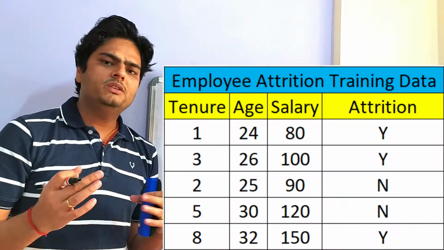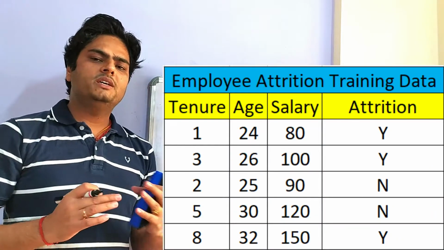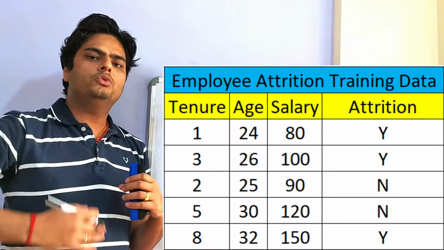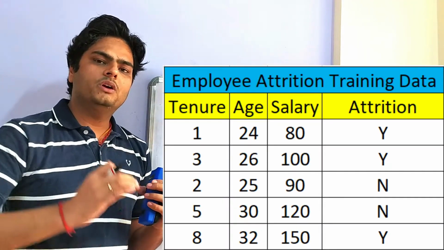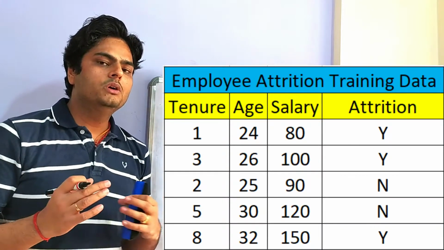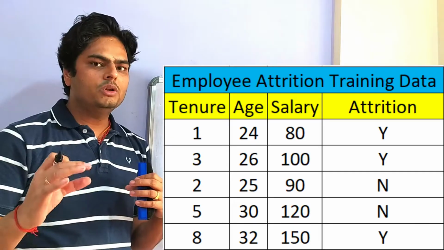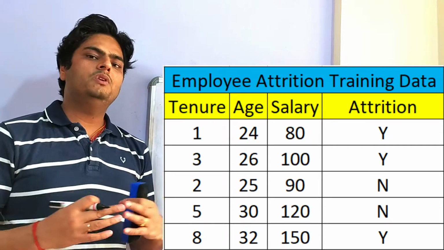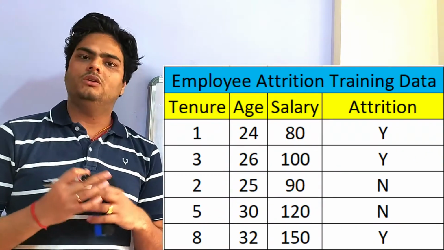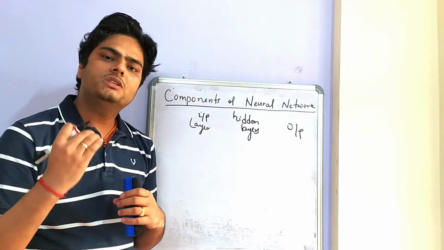Let us say HR has given you this data and they want you to train a model. Your model should tomorrow take the three independent variables as input, which are age, tenure and salary, and tell whether somebody will leave or not leave the organization. So, how many input features do we have?